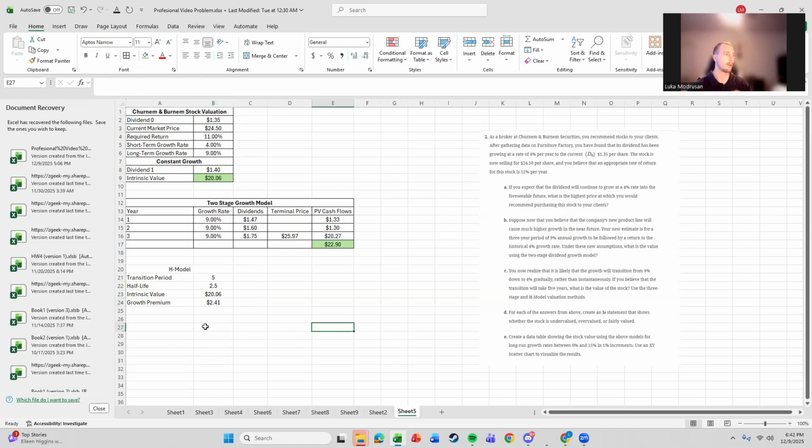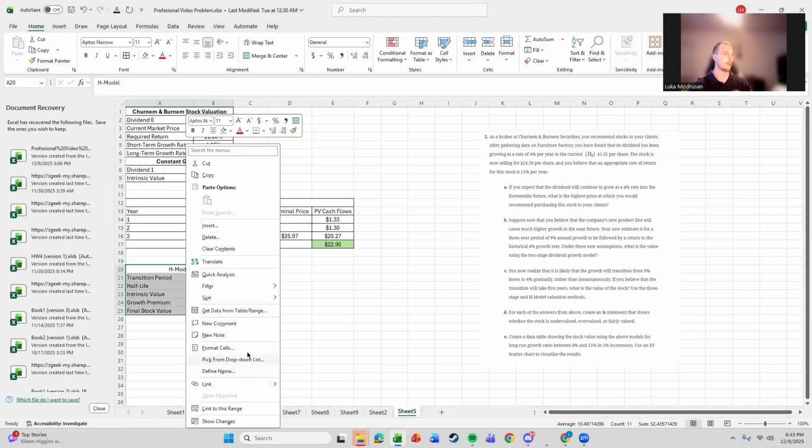Let's center that. Then now we get our final stock value, and that is going to be the sum of these. Perfect. And then let's color that green just to let everyone know that's the answer, the H model.